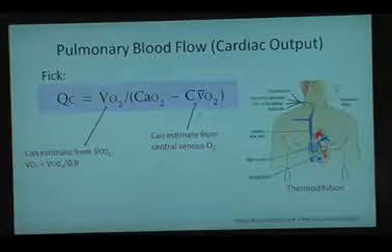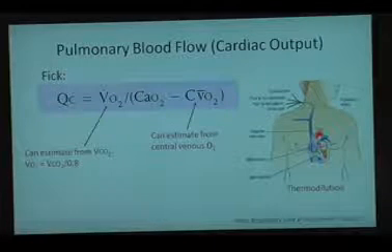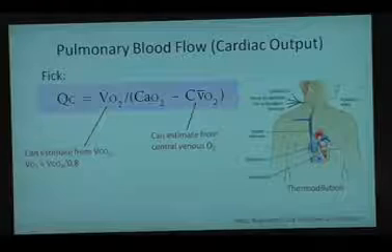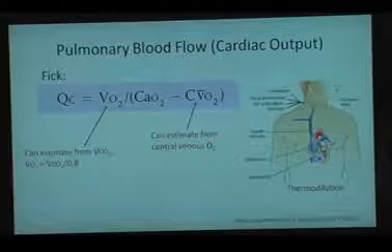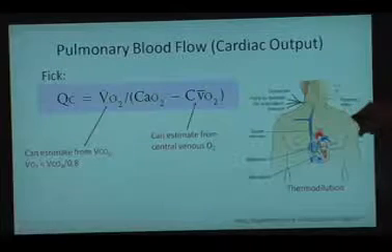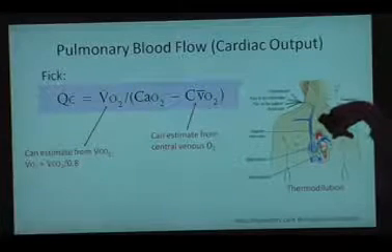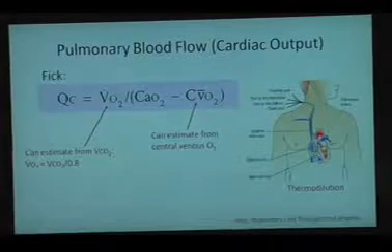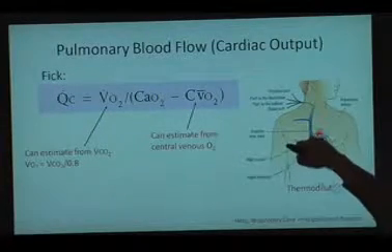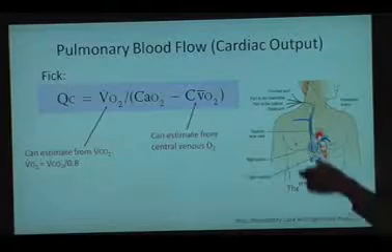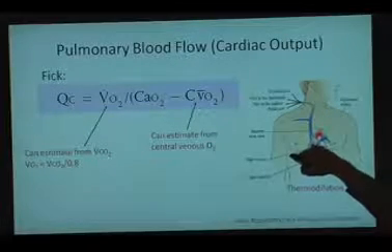Or the other way we can get cardiac output, which used to be done very commonly in the ICU, and many of our patients on ventilators had pulmonary artery catheters, is through thermal dilution. So in the pulmonary artery catheter, there is a thermistor to measure temperature near the tip of the catheter, and then a cold solution, usually room temperature cold, is injected into the right atrium.